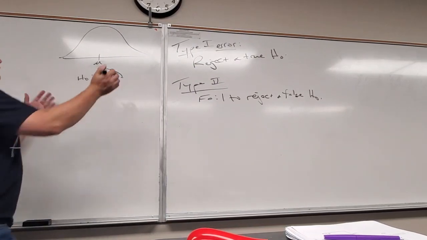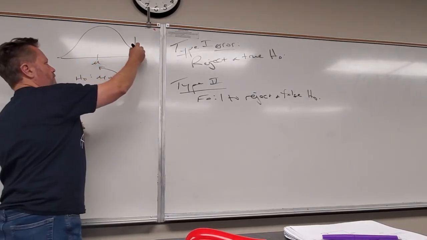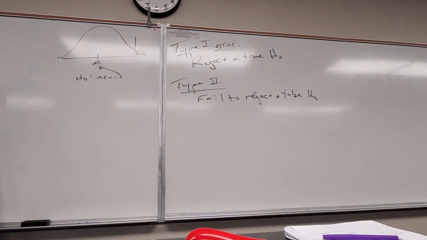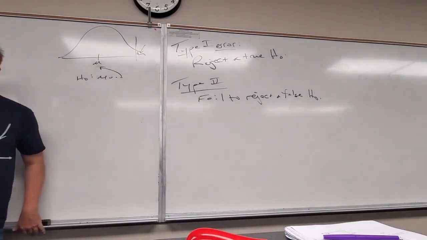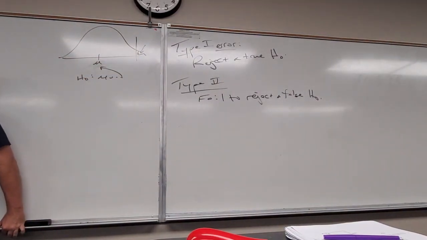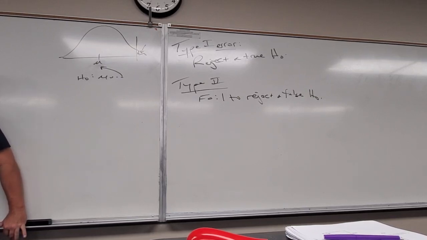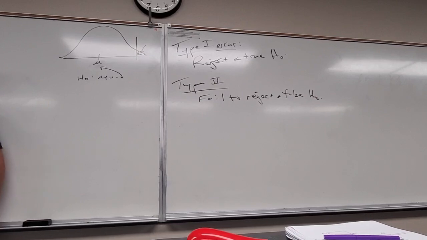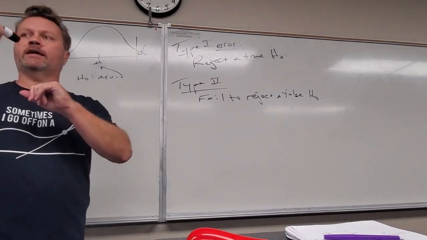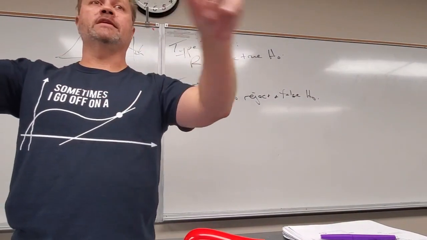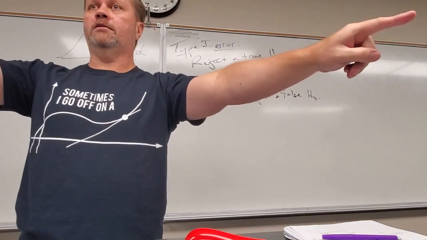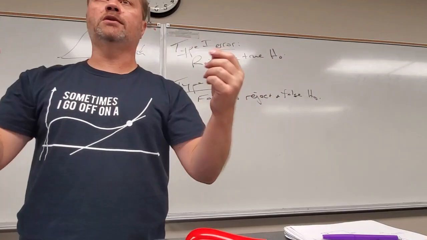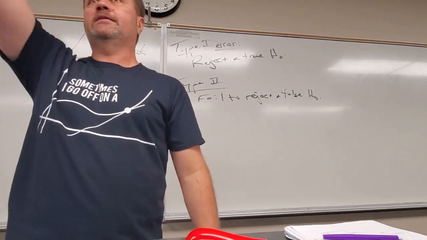So let's say in this case it's up here. And let's say, what is the area in this tail? I'm not looking for a number, I'm looking for just a variable. If I know it's a one-tail test, and I tell you it's a z-score, what else do you need to know from me to look it up on the t-score chart?